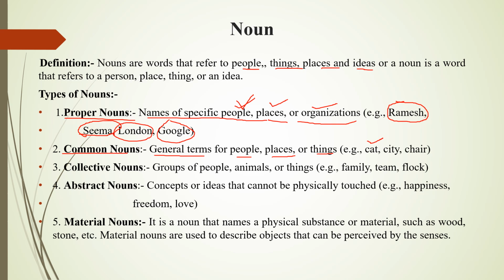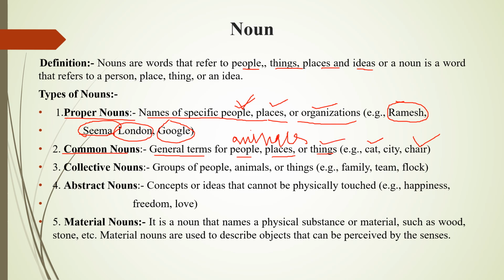So here we can also add people, animals. And then city. City is a commonly used term for a place. Chair. Chair is a commonly used term for a structure which is made out of certain material.